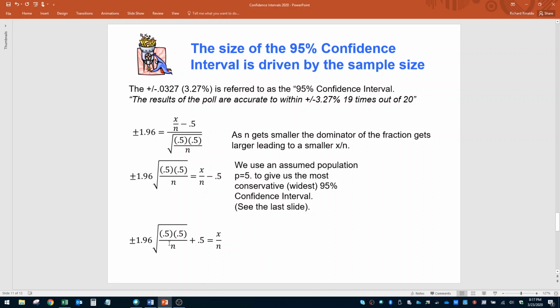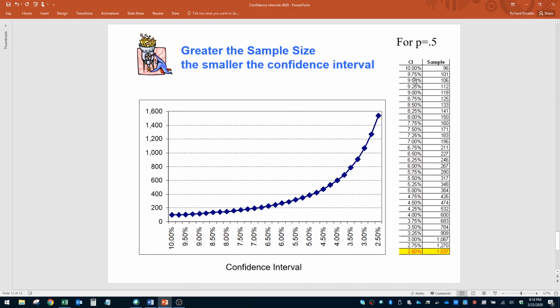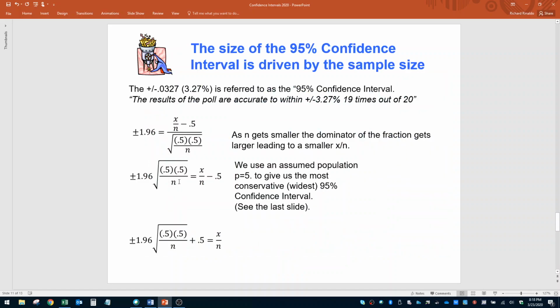So if this value gets smaller, the plus or minus from the 0.5 is a smaller value. Meaning that once my n gets larger, this value here gets smaller and smaller, meaning a tighter confidence interval. So as the sample size gets larger, my confidence interval gets smaller and smaller. The denominator in this fraction gets smaller.